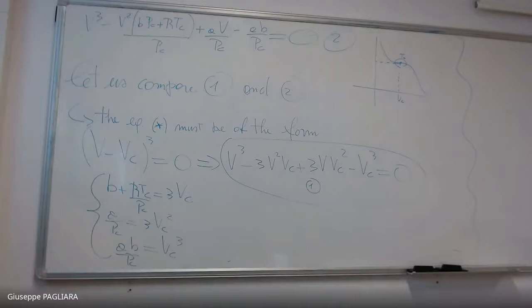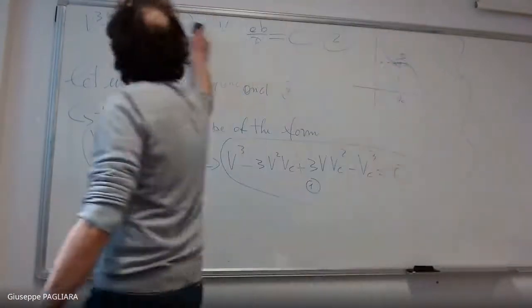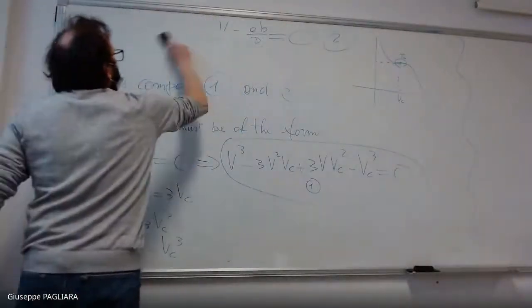Now, of course, now you can solve the system and basically find a relation between A and B and the critical quantities. So let us remove this.